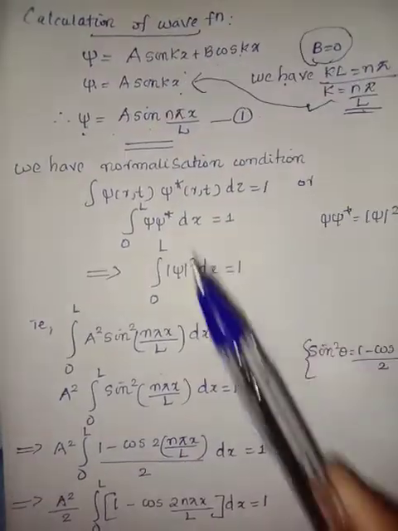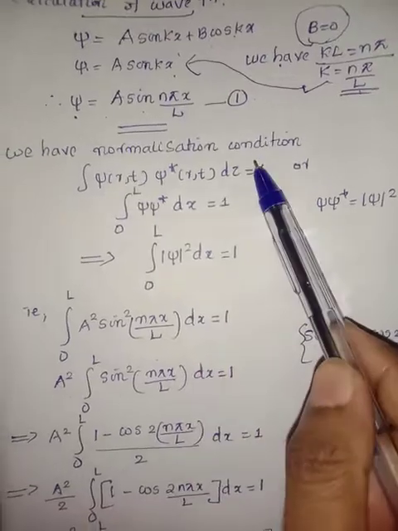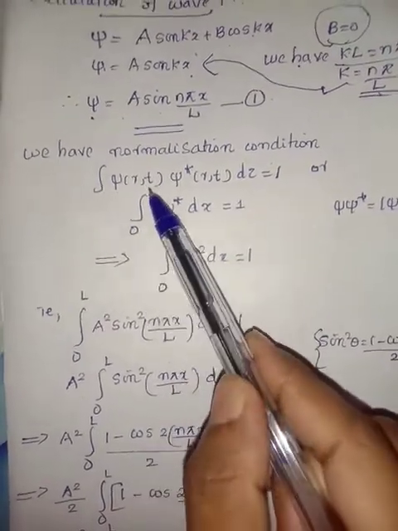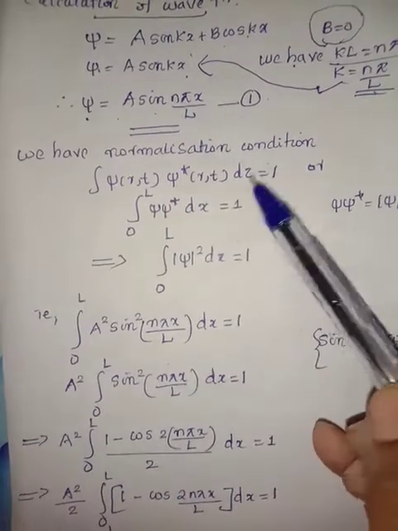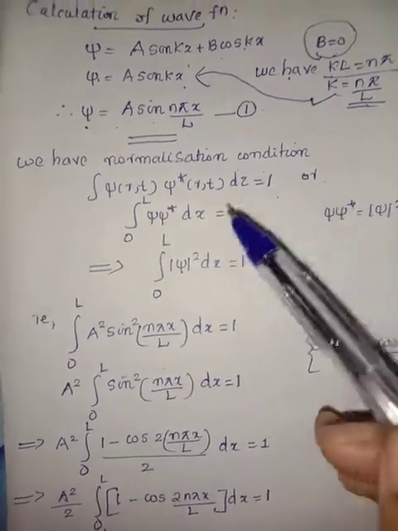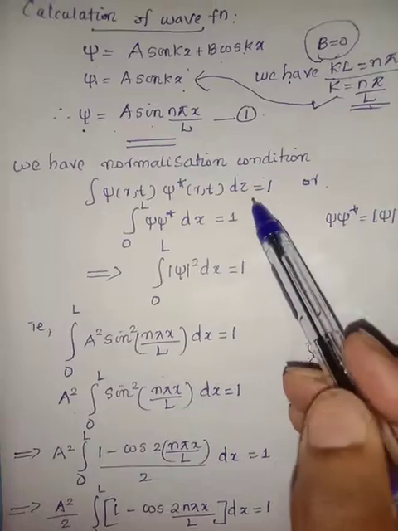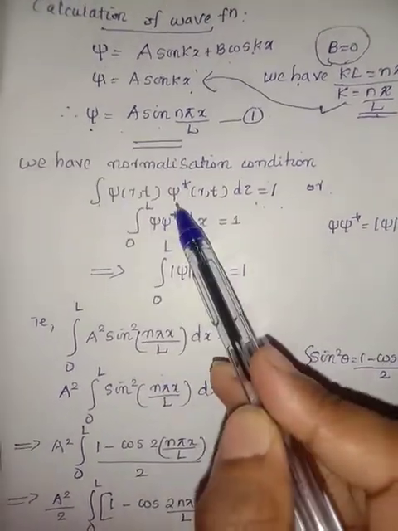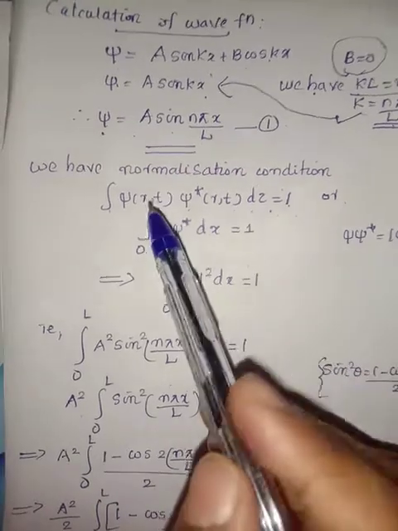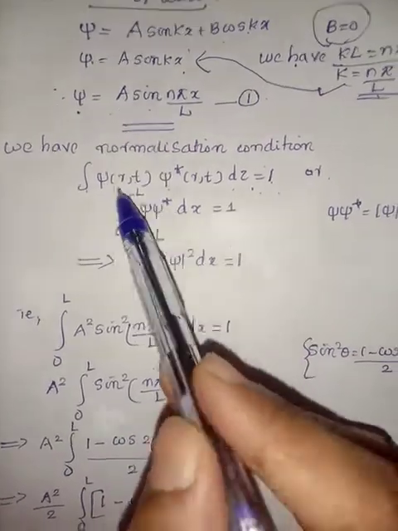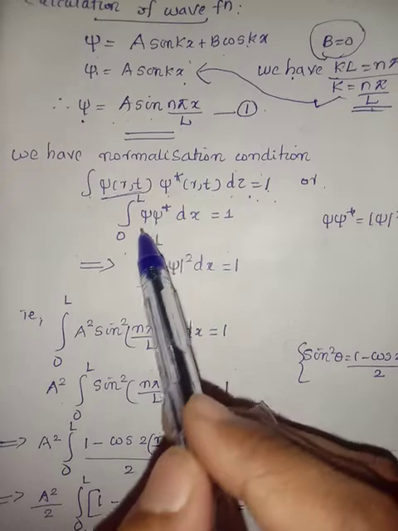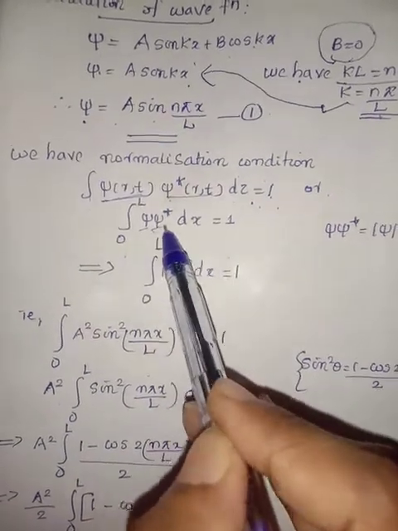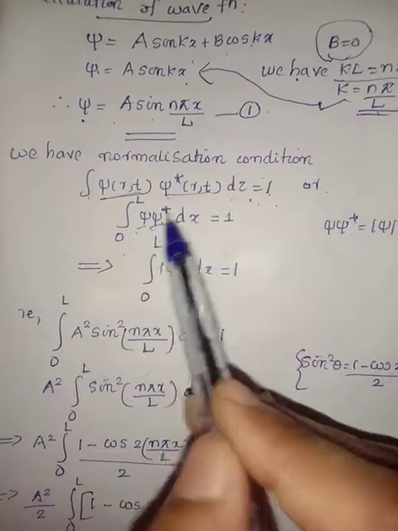Now, the normalization condition. I have already explained the normalization condition: integral psi of r,t, psi star of r,t, d tau is equal to 1 for a particle. We are considering a particle, so we can use this normalization condition. Or simply, instead of psi of r,t, we can write simply psi, and psi star of r,t means simply psi star.